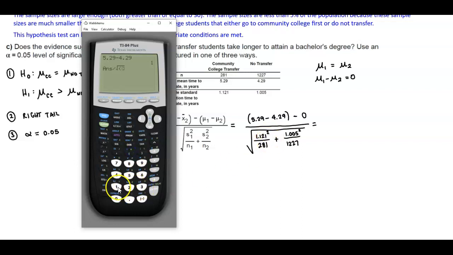So parentheses 1.121 squared, and then that's divided by 281, parentheses. And then plus left parentheses 1.005 squared, and then we're dividing that by 1227, parentheses. And then right arrow, and then select enter, and therefore now we're going to have our test statistic.